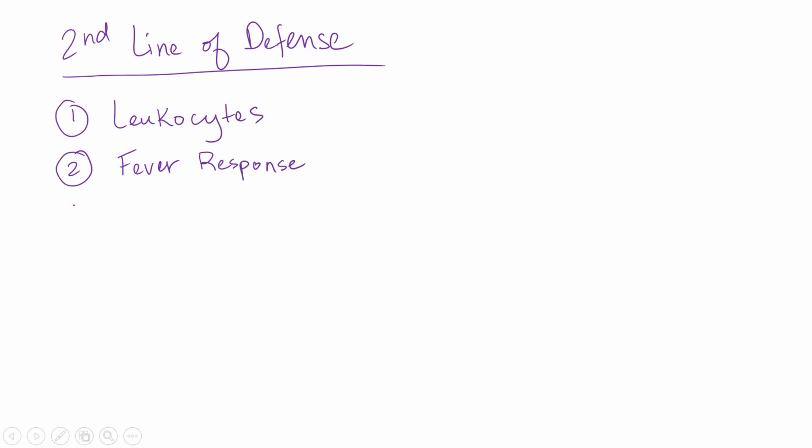Well, our normal body temperature is 98.6 Fahrenheit or 37 degrees Celsius, and that also happens to be the optimal temperature range for human pathogens. If body temperature increases, even just by a few degrees, that high temperature denatures proteins. And that is why the fever response is part of our innate immunity.